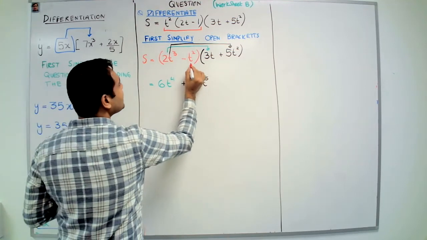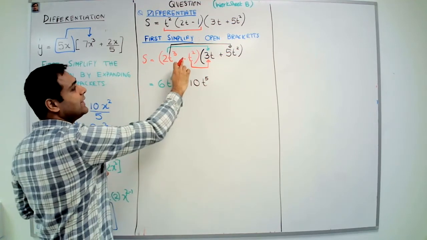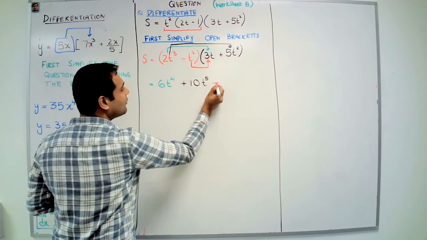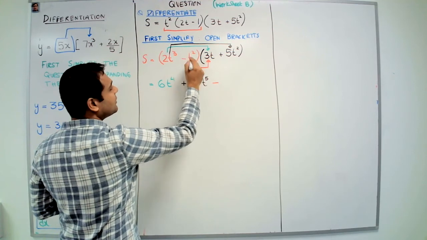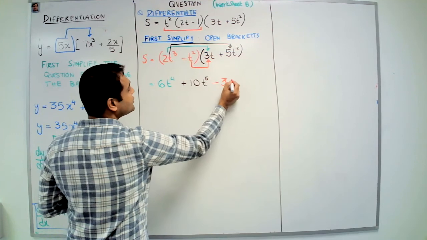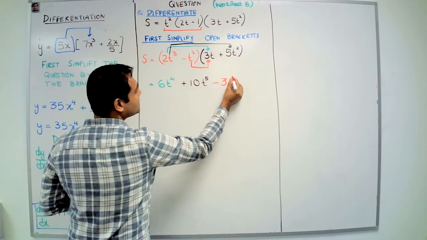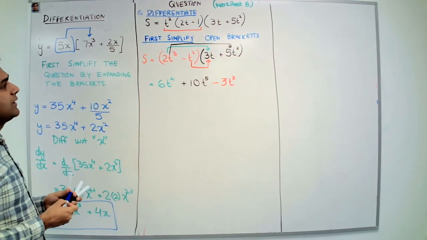Now we multiply this one, and we have to be very careful with the signs. There is a negative and this is positive. When the signs are opposite, the answer is always negative. There is an invisible 1 there as well. 1 times 3 is 3, and t squared times t becomes t cubed.